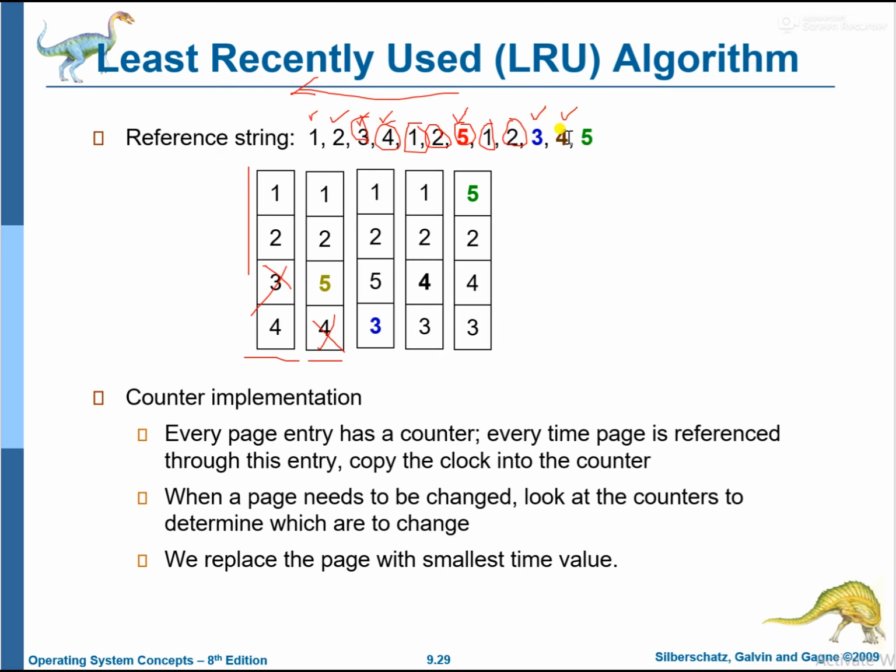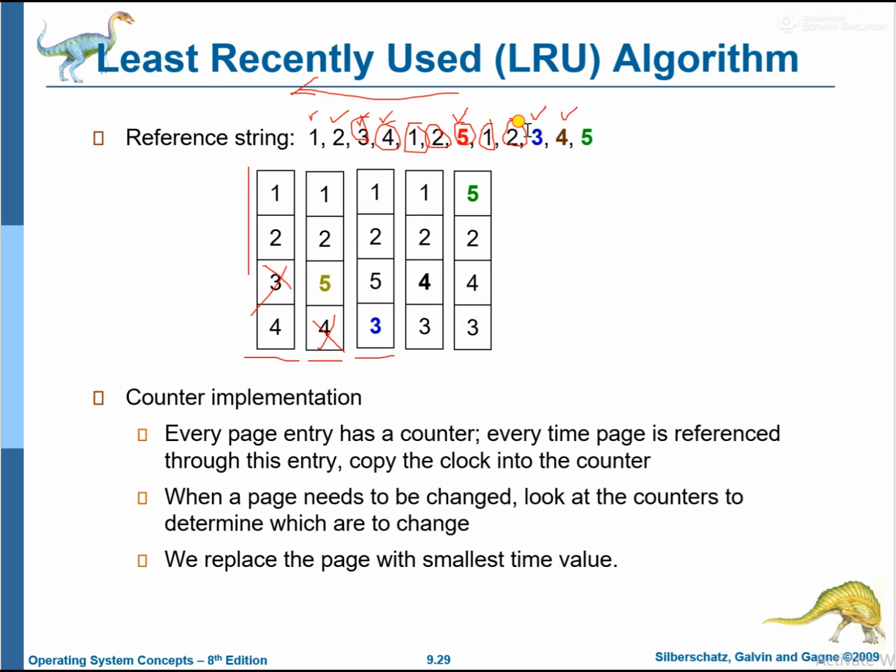When the page fault occurs again, now our memory looks like this. Okay, we have 1, 2, 5, 3. So 2 here, 1 here, 5 here and 3 over here. So 3 is not the farthest on the line. Page fault occurs for 4.